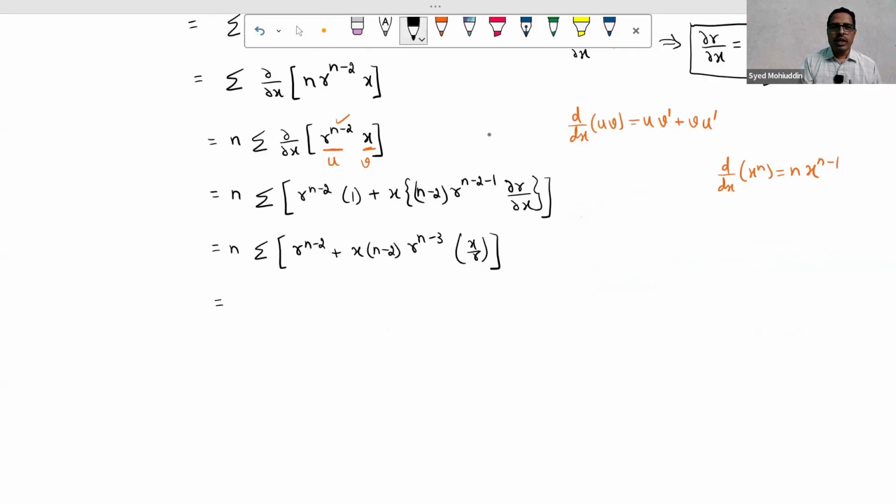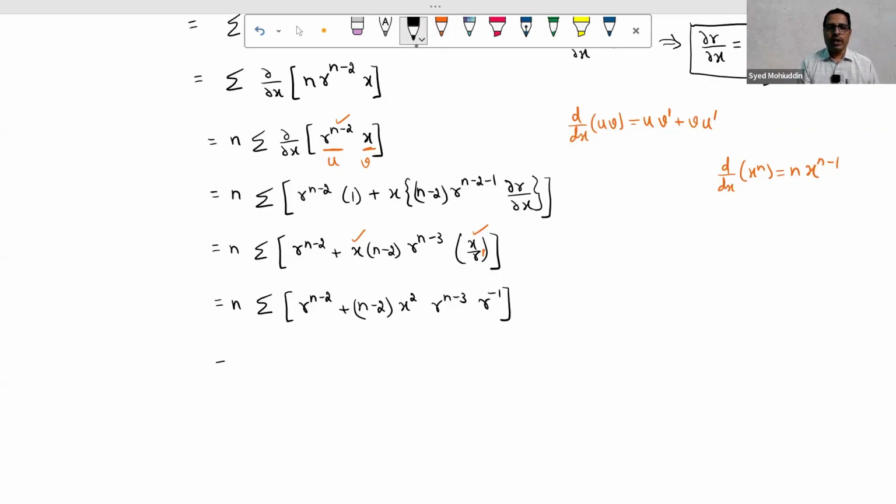This will be nothing but n into summation of r^(n-2) plus, over here you have x and x. So x into x will become x squared. So first I'll write n minus 2, then x into x will become x squared into r^(n-3). This denominator r^1, when it comes to the numerator, becomes r^(-1).